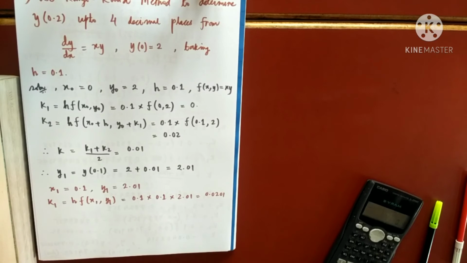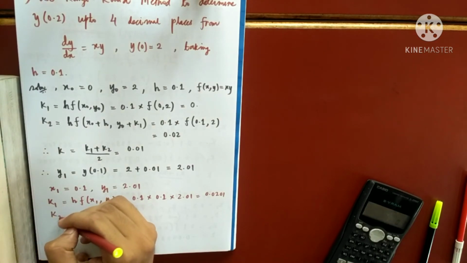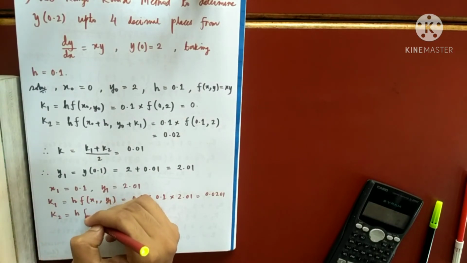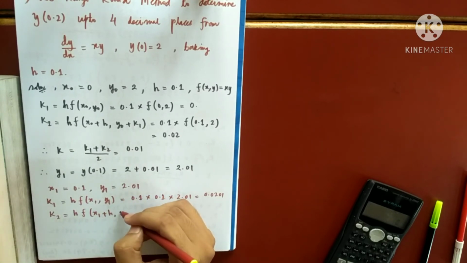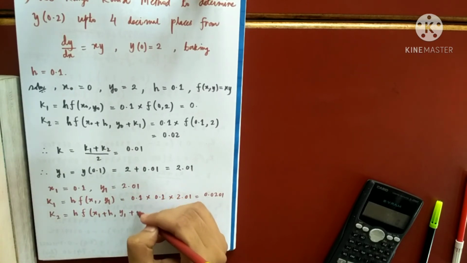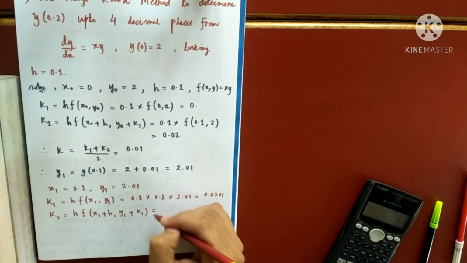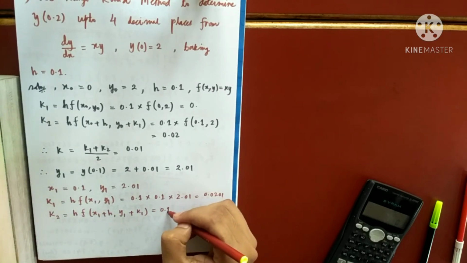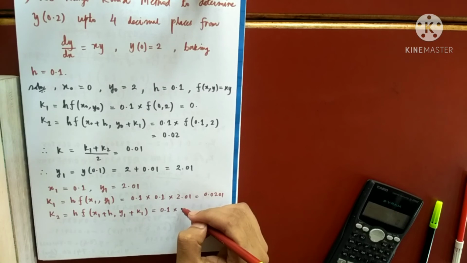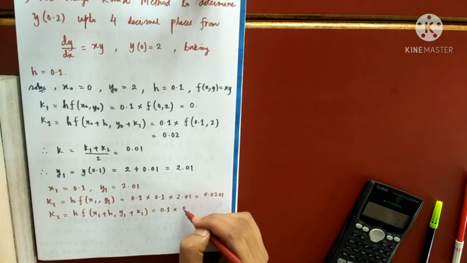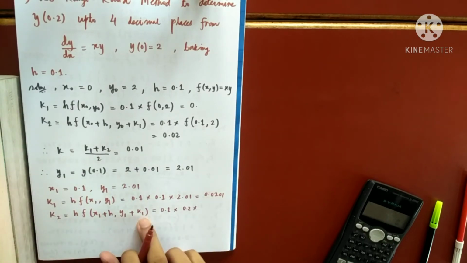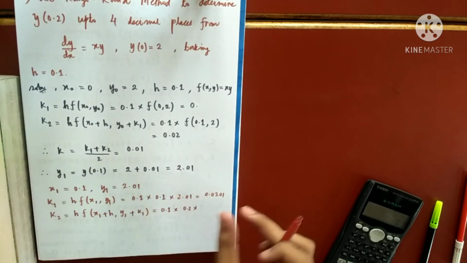So what is k2? It is h into f of x1 plus h comma y1 plus k1. What is that? 0.1 into the function, x into y, so this into this. What is this? x1 plus h, so 0.1 plus 0.1, that is 0.2, into y1 plus k1. y1 is this, plus k1 is this.